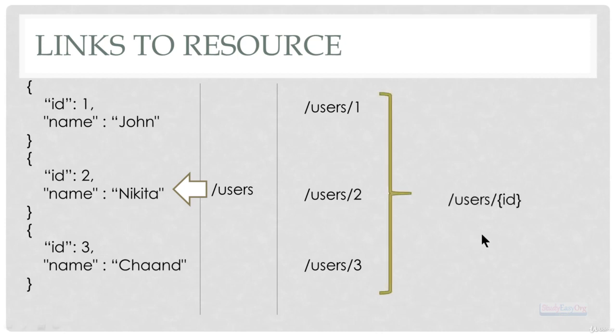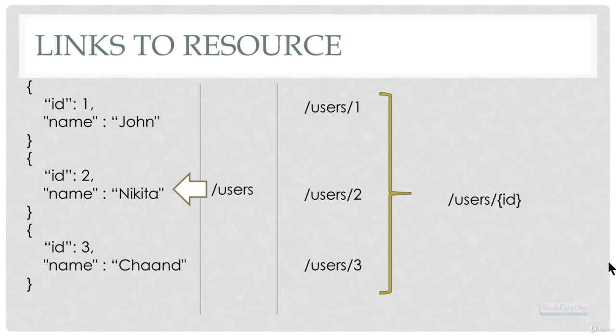So in short, the URI of a user is /users/ID. Now this is very important. Whenever we would like information of a specific user, we need to concatenate the ID in the URI in order to get the information of the user, which is cool enough.